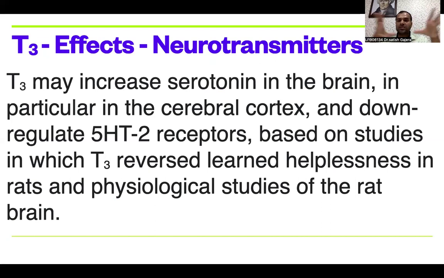In the studies on rats, T3 reverses the feeling of helplessness that is created by a lack of serotonin. Lack of serotonin creates a feeling of helplessness in the body.